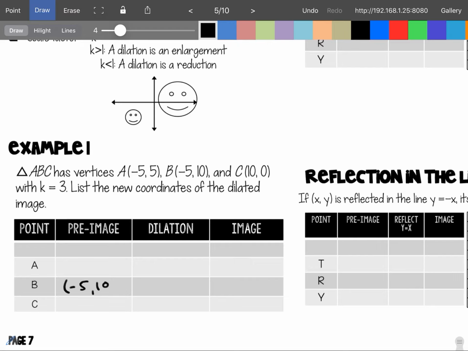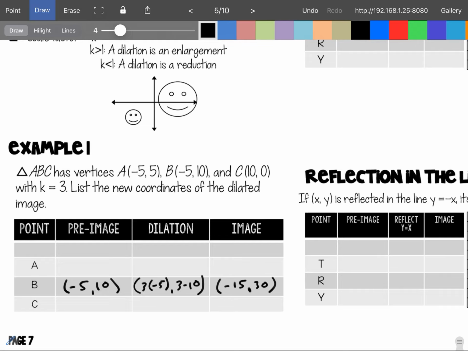So the dilation, again, if the scale factor is 3, the k equals 3, and it's centered at the origin, then all you do is you do 3 times -5, 3 times 10. So you just triple all the coordinates. So in this case, you would get -15, 30. So hopefully that's pretty clear.